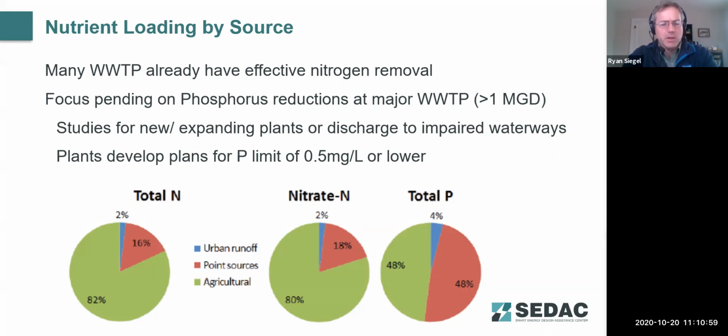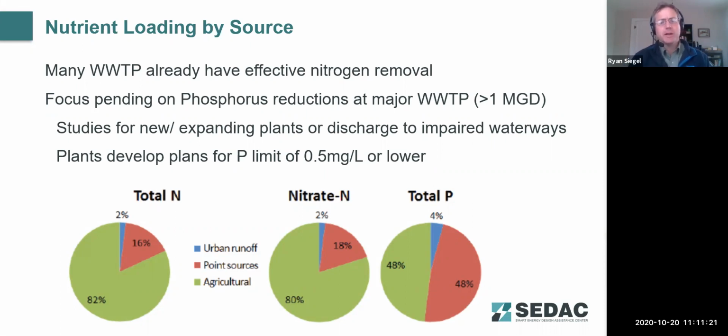Here with these charts illustrating that, recognizing that point sources such as wastewater treatment facilities have done a very good job as far as controlling nitrogen, whereas phosphorus has not been as aggressive as far as the design goes.